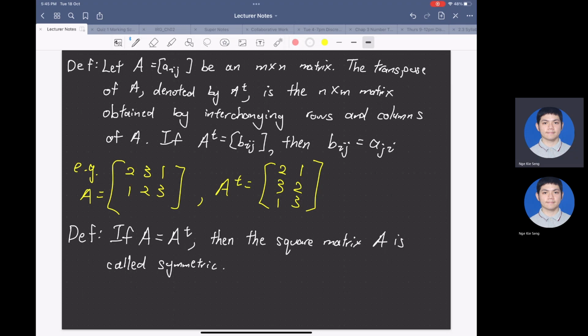For example, the identity matrix is symmetric.